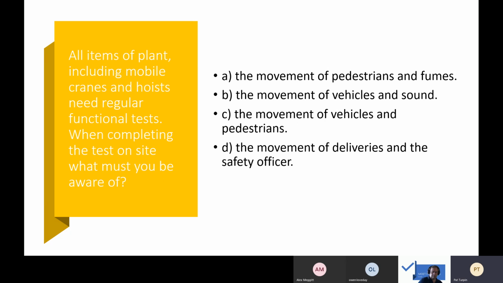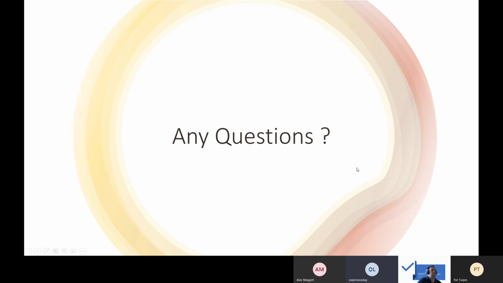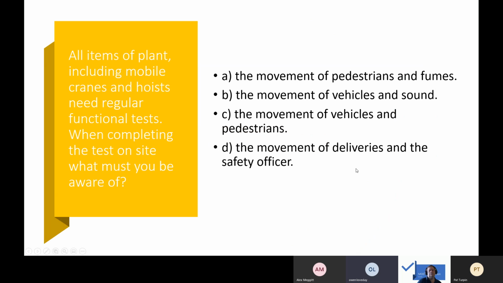All items of plant, including mobile cranes and hoists, need regular functional tests. So when completing the test on site, what must you be aware of? C, the safety officer?